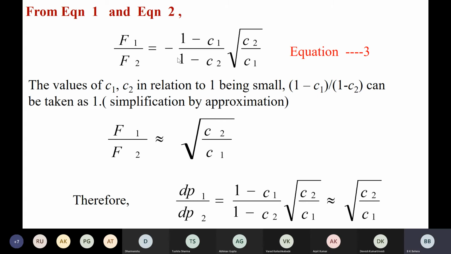To simplify this equation further, (1 minus C1) over (1 minus C2), we take as 1.